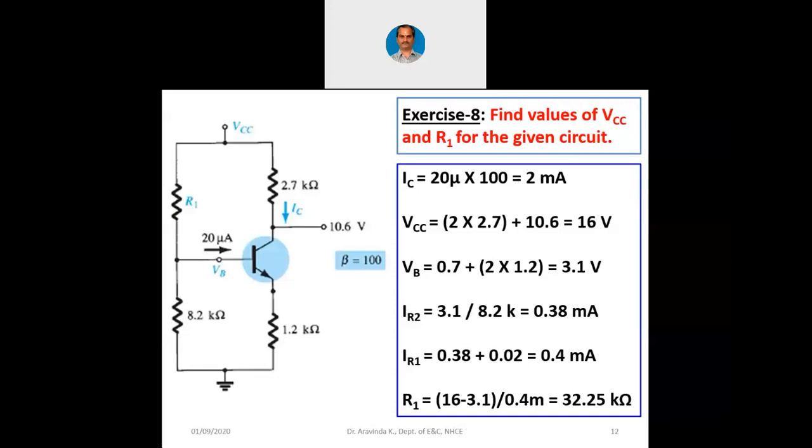Please recall the construction of the transistor. Many times in the textbook they write all the three regions with equal area, but actually it is not so. Base will be smaller, collector will be bigger, and even the emitter will be bigger than the base. And the emitter will be heavily doped because it has to emit electrons, and the collector will be medium doped.